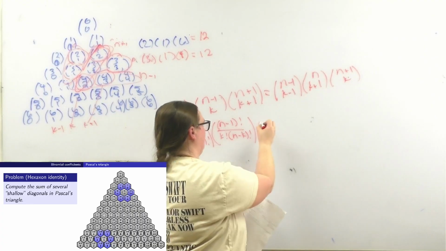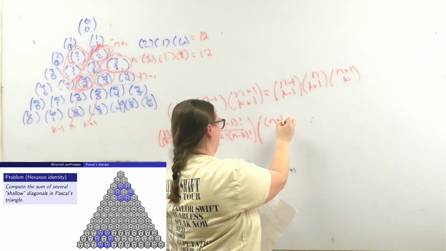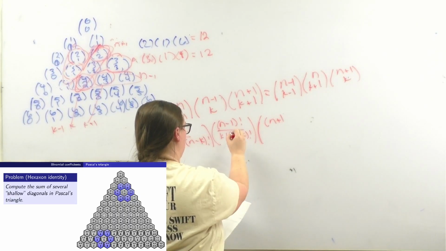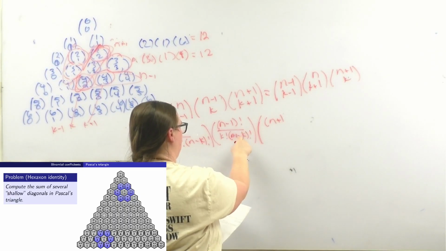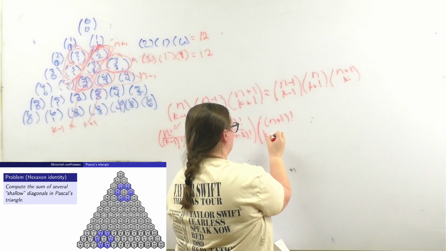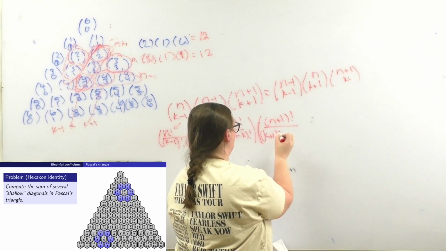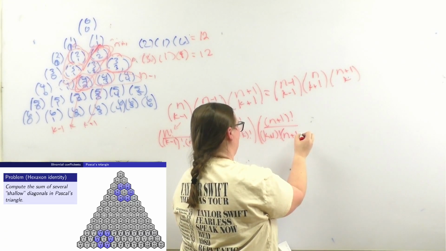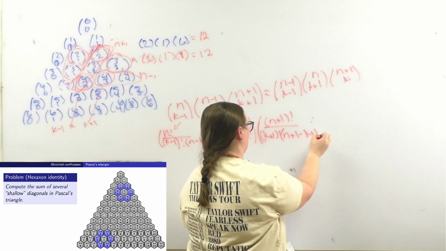And this is n plus 1. I think there should be a negative 1 here, right? N minus 1 minus k, yep. And this is going to be k plus 1 factorial, right, times n plus 1 minus k plus 1 factorial.